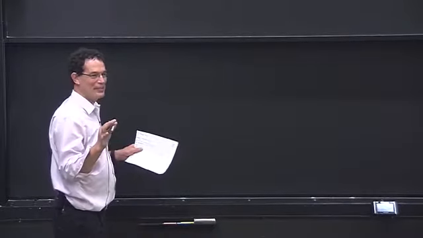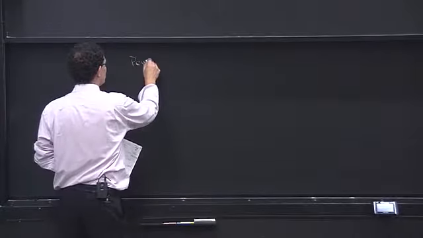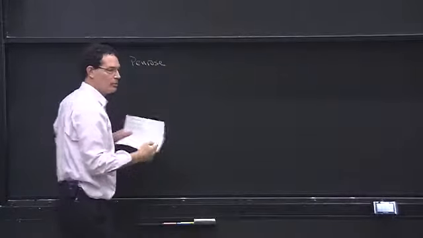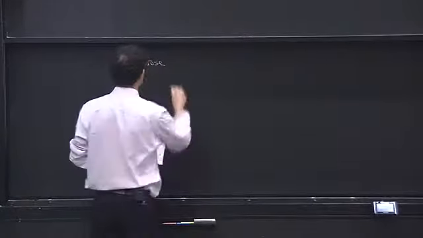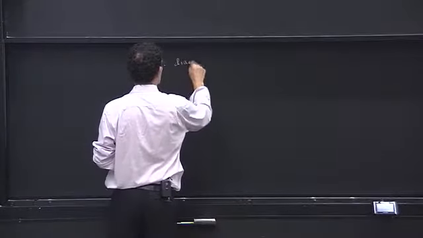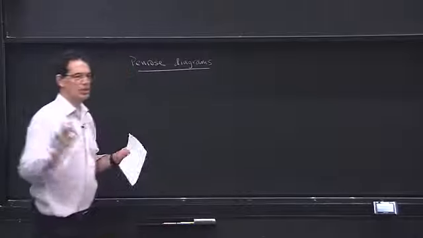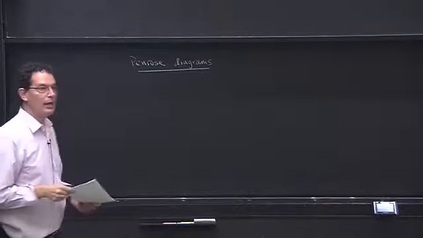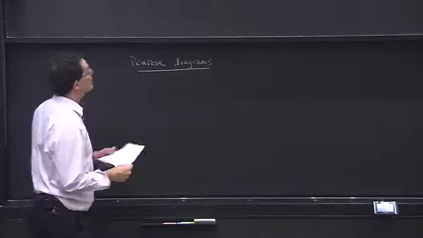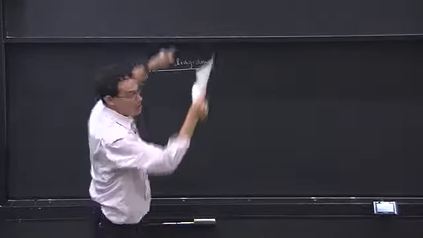I'll draw the space-time diagram. Now, the way to describe these causal properties of space-time are Penrose diagrams. I haven't taught you those, but I'm just going to draw them. In a Penrose diagram, basically what you do is, say, for example, take Kruskal.